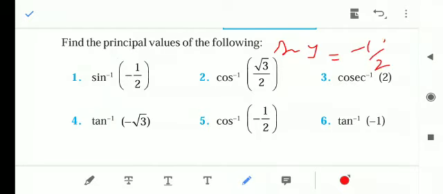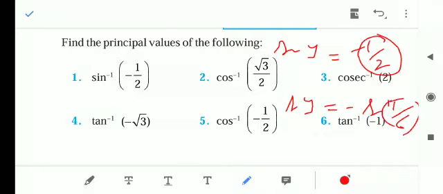Can you recall what is the value of 1 by 2 in case of sine? Can you recall sine 30 degree, yes, sine pi by 6 is 1 by 2. So we can say sine y equals minus sine pi by 6. We have kept the minus sign intact, and in place of 1 by 2 we have written sine pi by 6. And sine is negative.